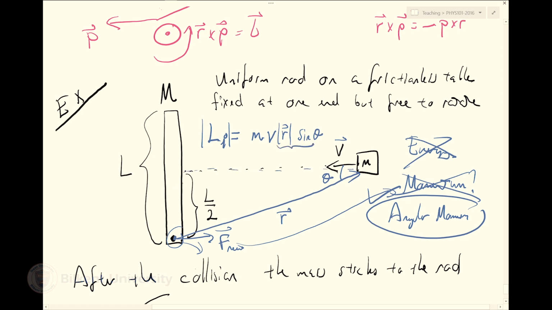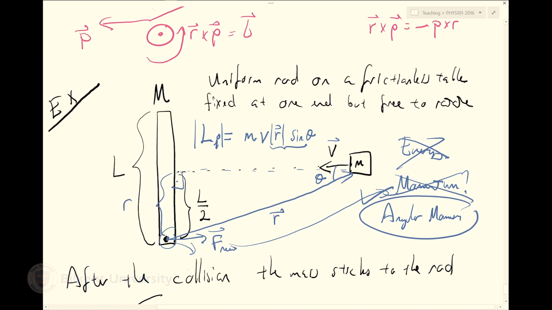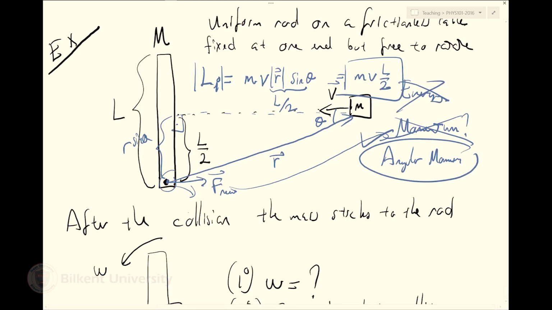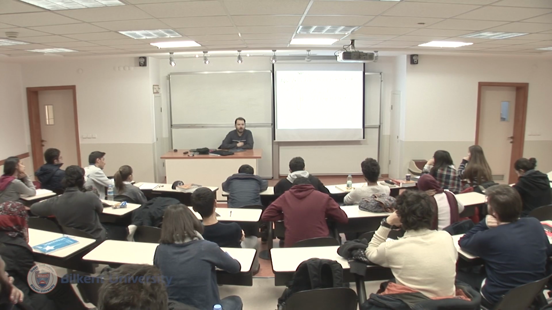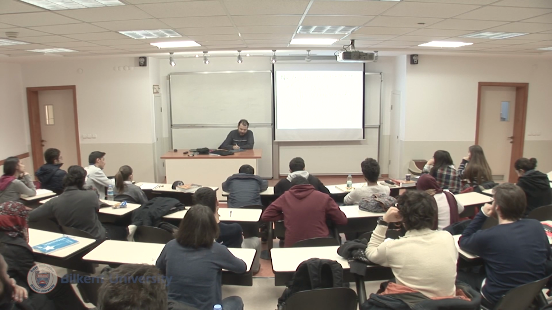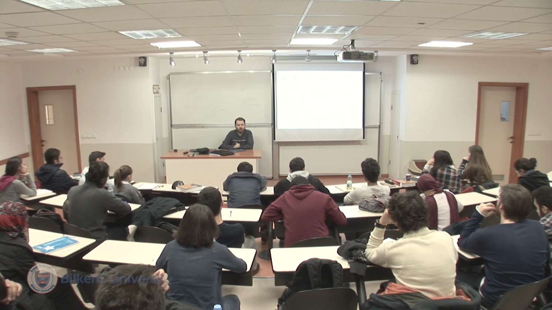But what's r times sine theta? Here I have a nice right triangle. So this is r sine theta, which is equal to L over 2. So m v L over 2 is my initial angular momentum. How about in the final case, what's my angular momentum? Let's be careful. Again, I have two contributions here.